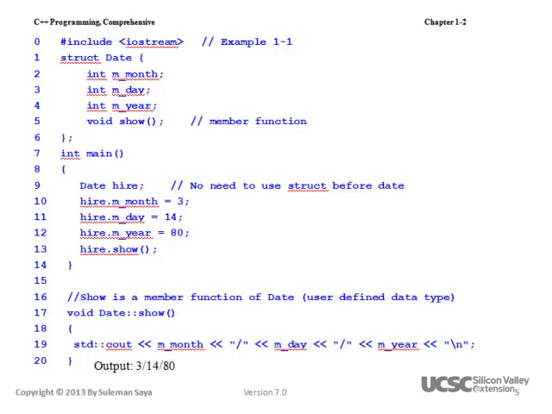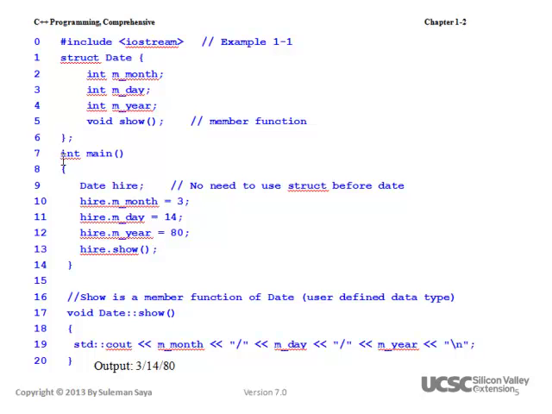In C++, it becomes an object, like I just told you, because it has characteristics and behavior. It has data members and a member function.